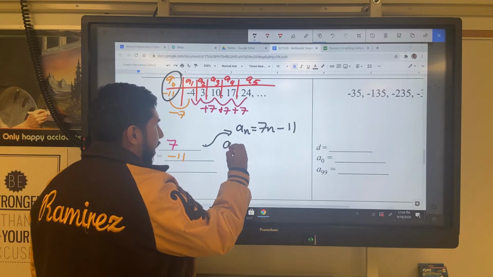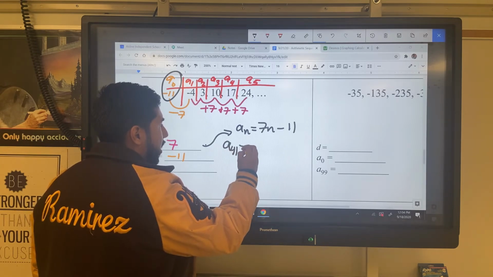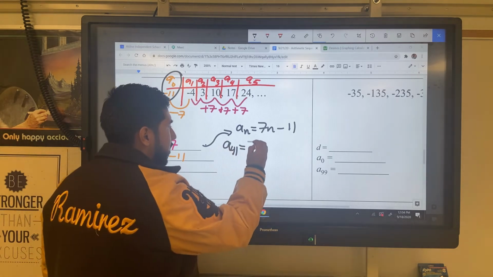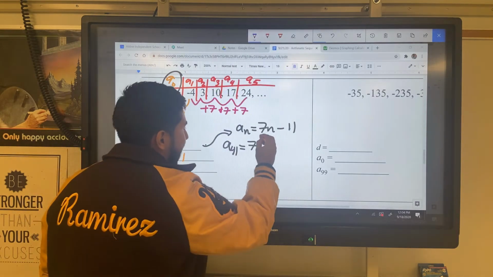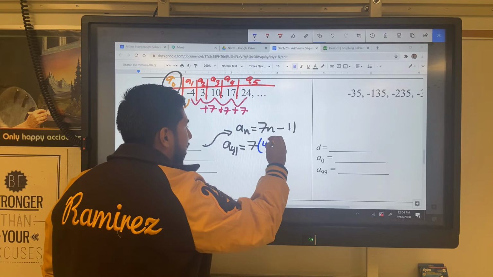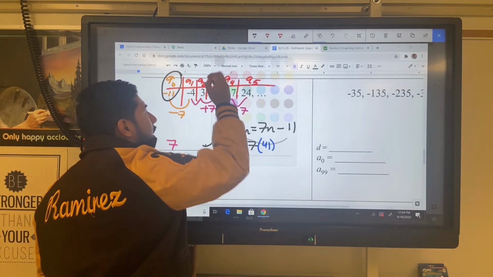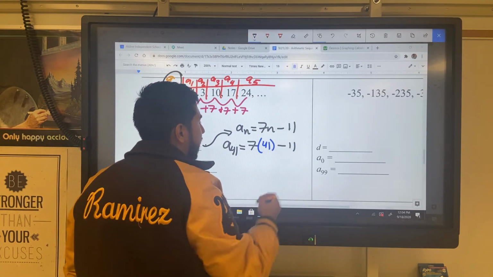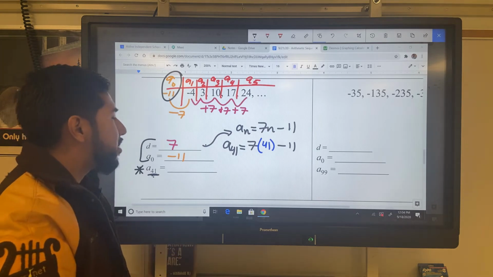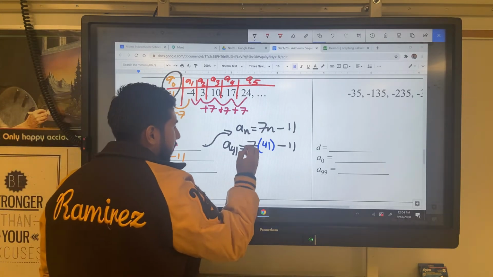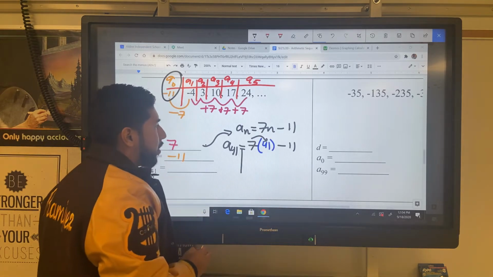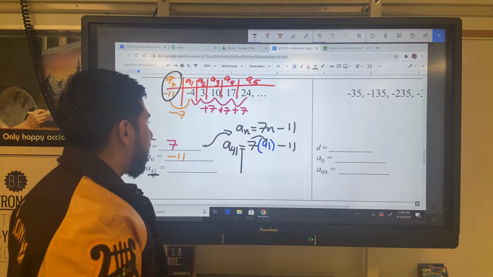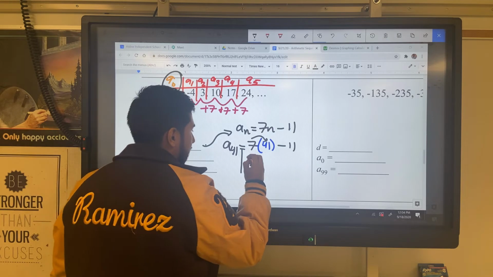So A41 equals 7. Instead of the n, what do I put? Yeah, you put the 41. Minus 11. And so we work it out. 7 times 41, I think it's 287.